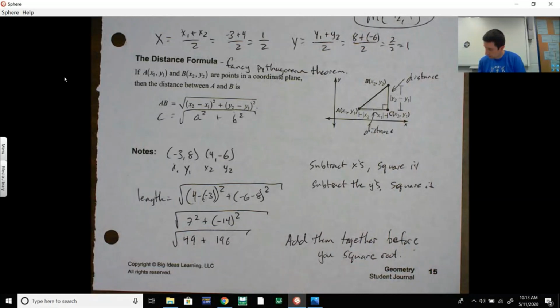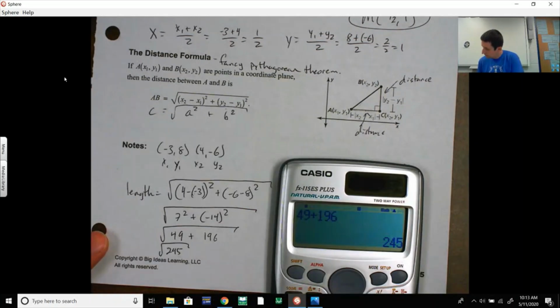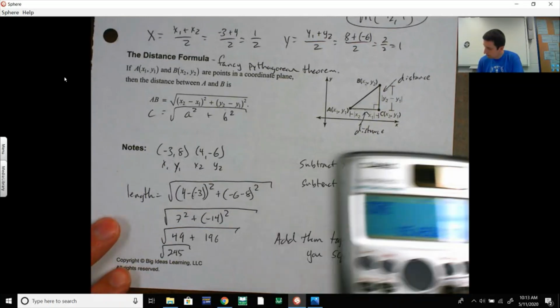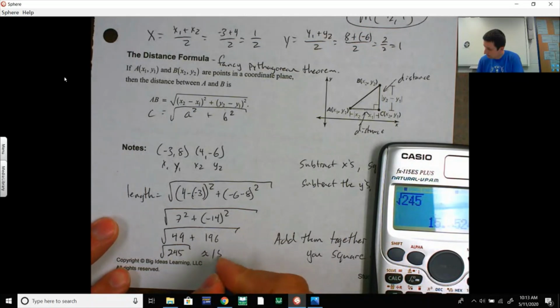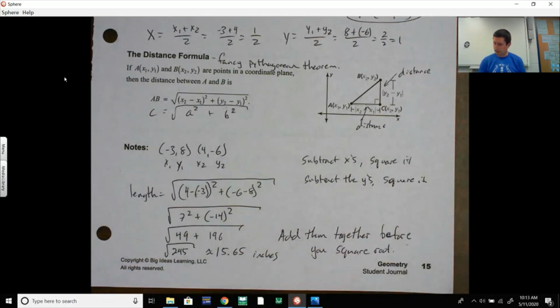So 49 plus 196 should be 245. Then we're going to take the square root of 245. 7 root 5 would be your fancy answer, or about 15.65. So we're dealing with inches. We'll see some more Pythagorean theorem, distance formula sort of work here in some of our examples.